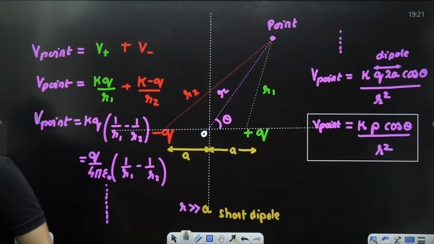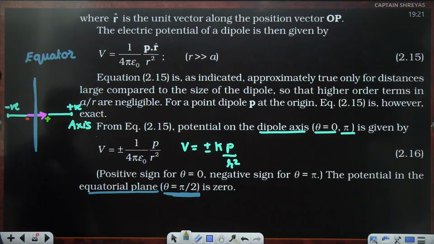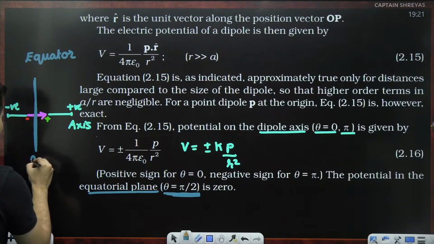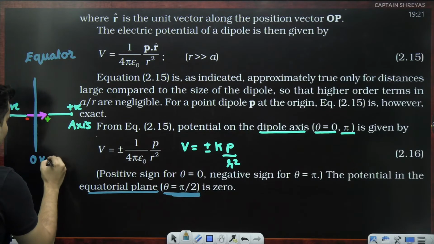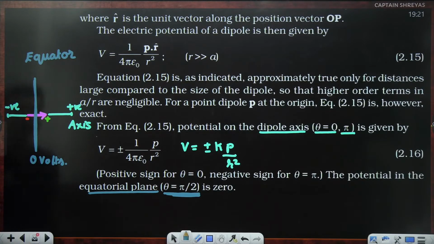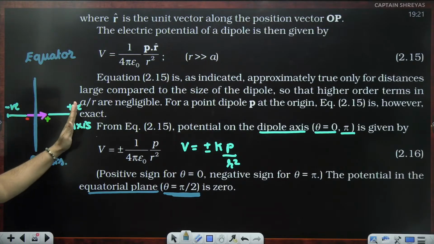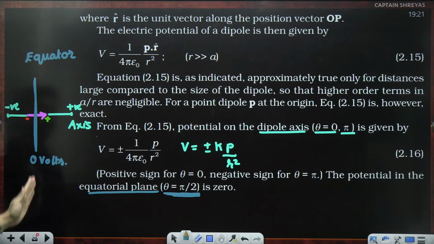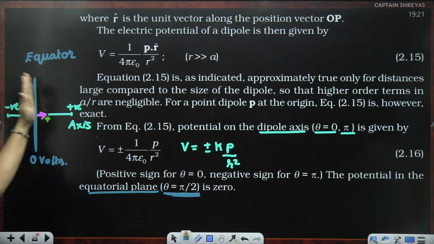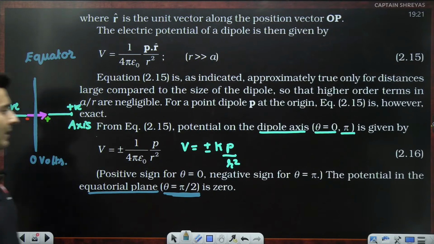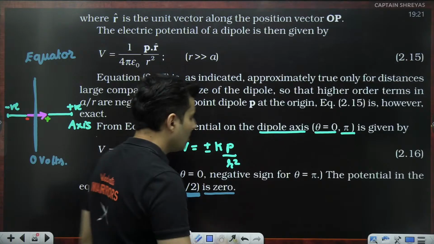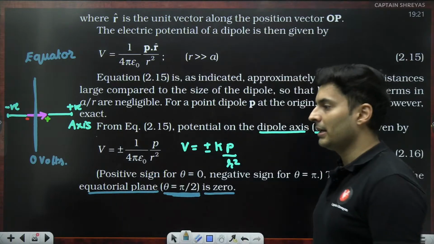Hence, at all these points, you will have 0 volts. What a beautiful thing. On this side it is positive, this side it is negative, exactly on the equator it is 0. So the 0 separates the positive and the negative.